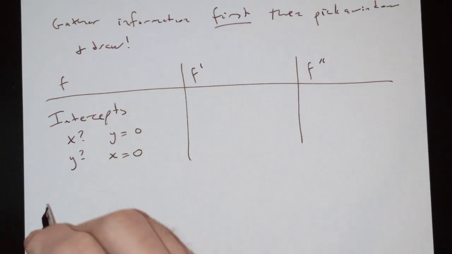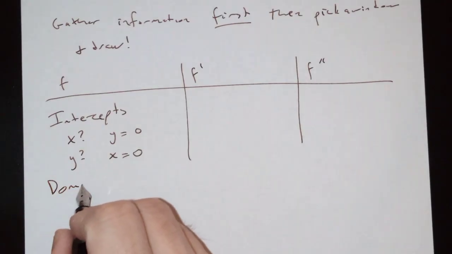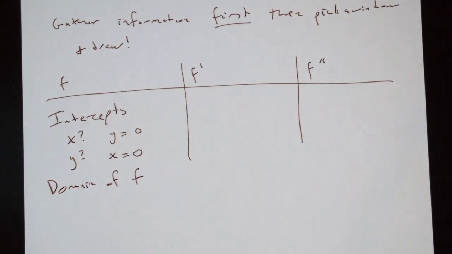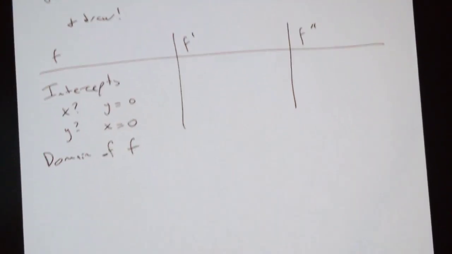Let's look at the domain. Because that tells me where the function lives, what x values are allowed in. If I did the square root of x, it doesn't make any sense to look where x is negative. If I do tangent of x, I know I'm going to have a bunch of vertical asymptotes. So I've got options there. But yes, finding the intercepts will absolutely help me out.